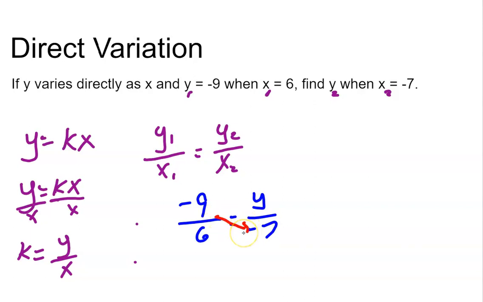So I'm going to cross multiply -9 times -7, which is 63, equals cross multiply the other direction, 6y. Now to get y by itself, I'm going to divide everything by 6. And I have 63 divided by 6, which is going to give me 10.5.